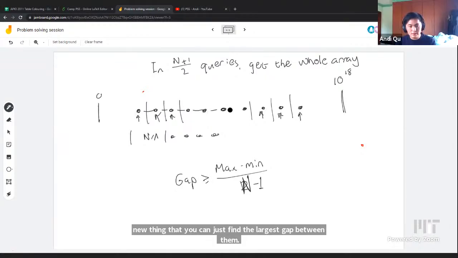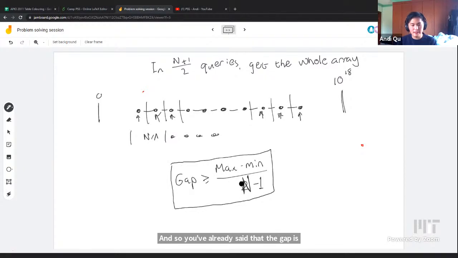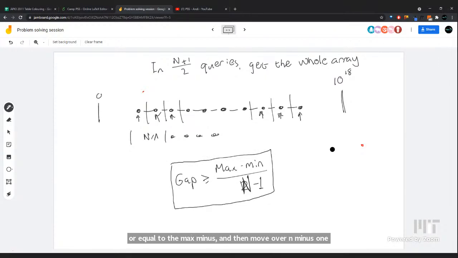Question 2 is much more complicated. You've already said that the gap is greater than or equal to the max minus the minimum over n minus 1. Sir, could you explain question 2, part 2 once?